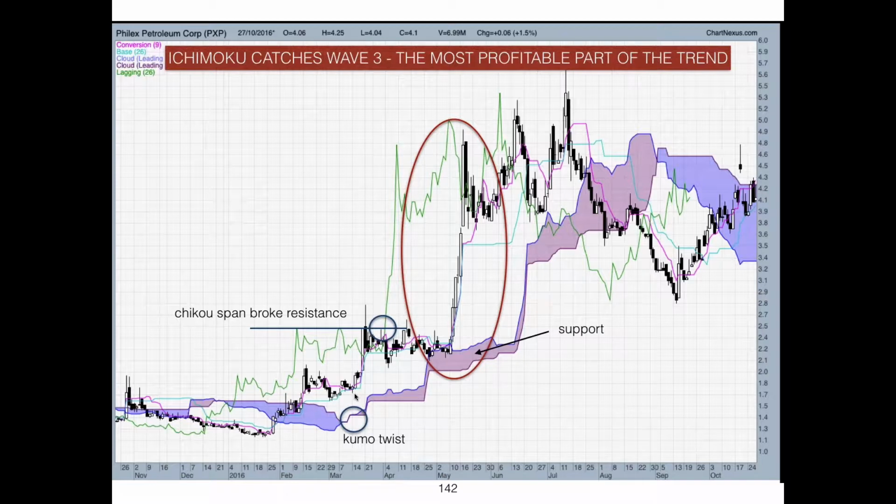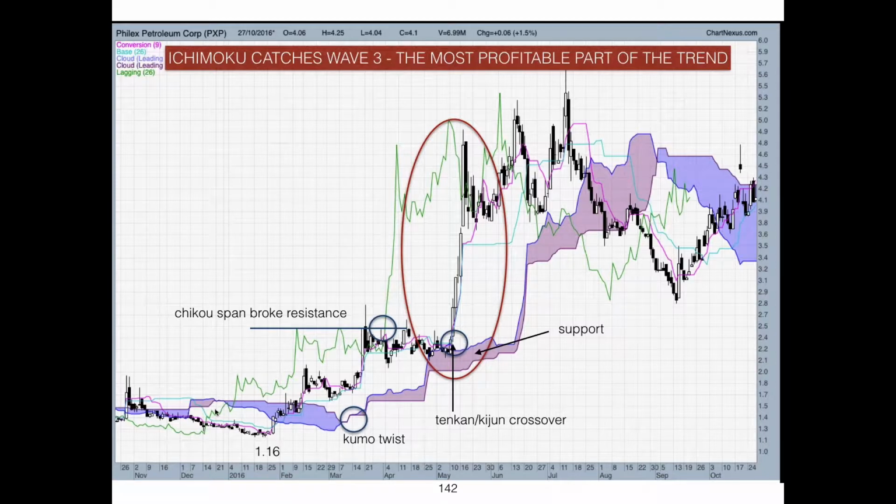You see a strong support in that Kumo. This is a very thick Kumo at that time. It just doesn't look thick right now, but because there are bigger Kumos above. But at that time frame in May, this was a thick Kumo support. And then in number 4, we have the Tenkan Kijun crossover.